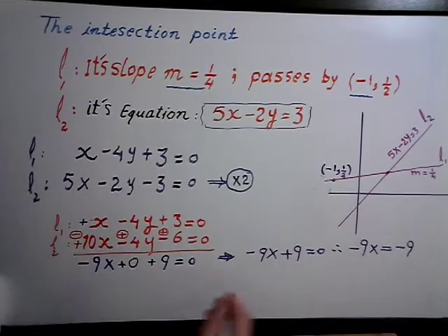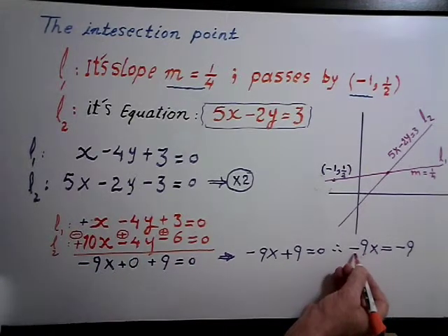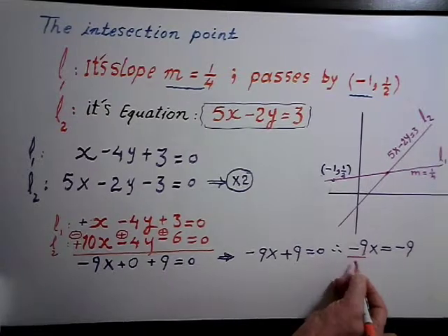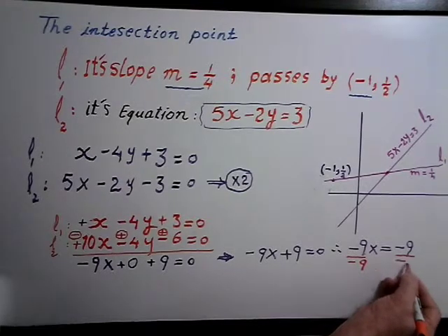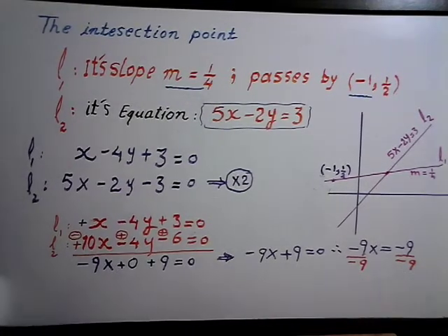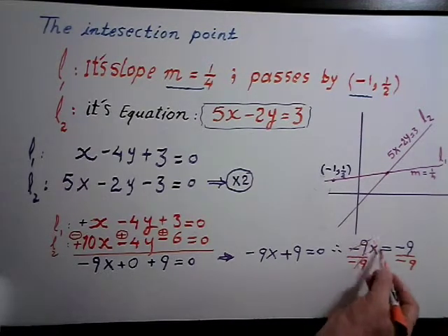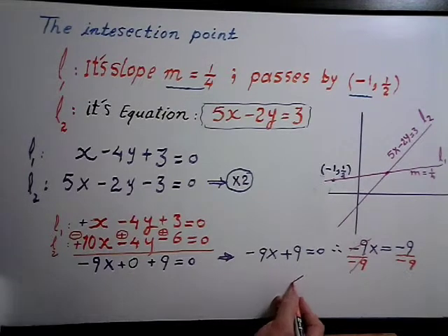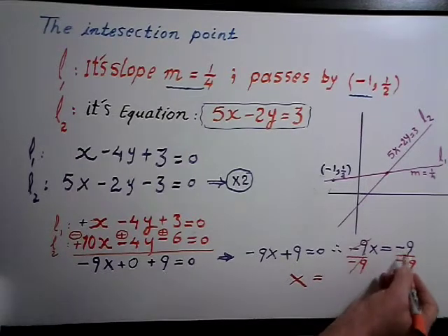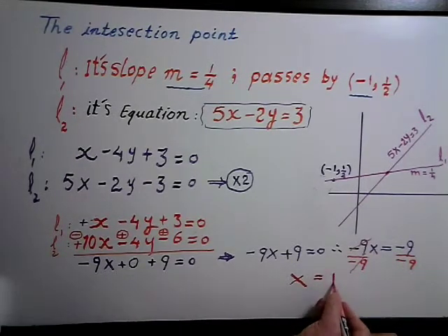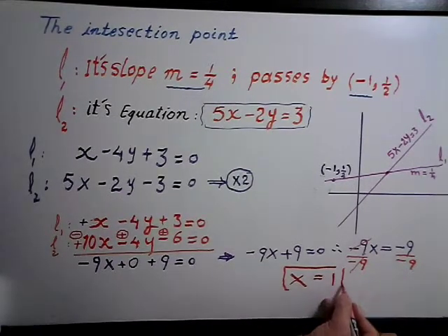Then divide both sides by the coefficient of x, which is negative 9. Here they cancel, so only x will stay. Then x is equal to negative 9 over negative 9, that means 1. So now we got the x coordinate of the intersection point.